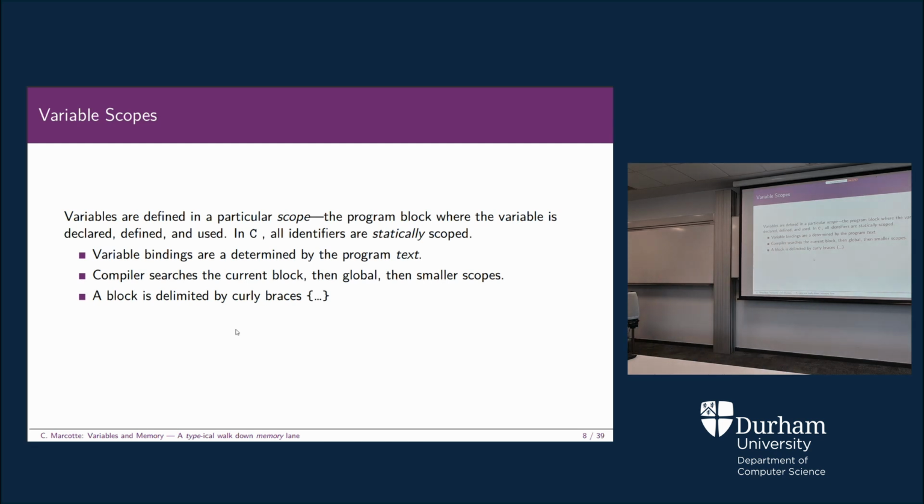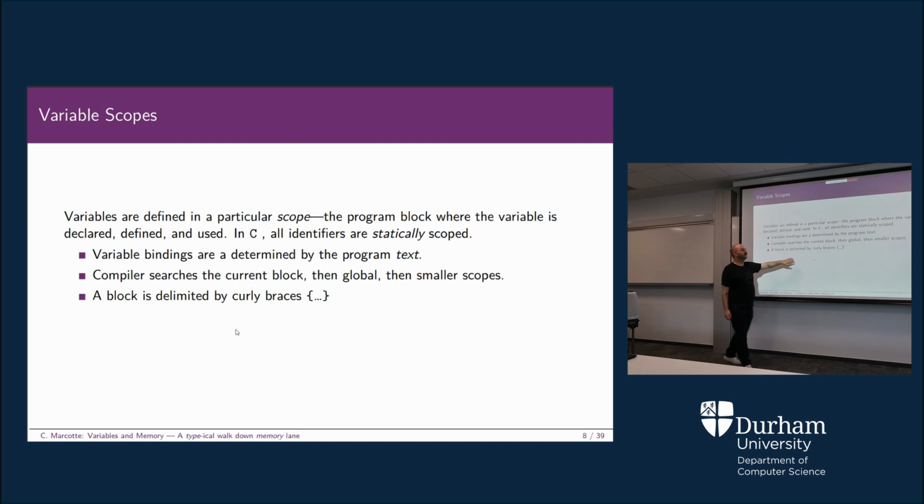And a block, if you don't know, is delimited by curly braces. So when you define a function and you've written some code inside of those curly braces, that is a block. It is the function's scope, and if you bind variables in that scope, then those variables are accessible in that scope. Unless you use something outside of it, then the compiler has to search for where that is.